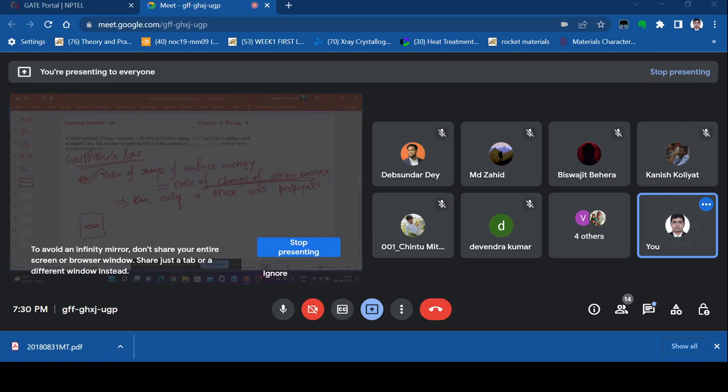So suppose we take, I'll draw a clean figure. This B is thickness.